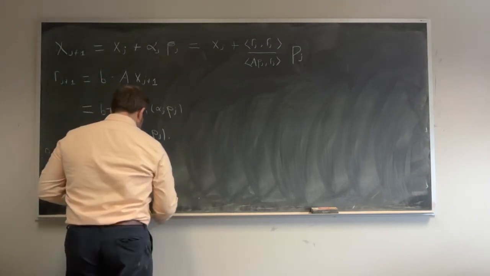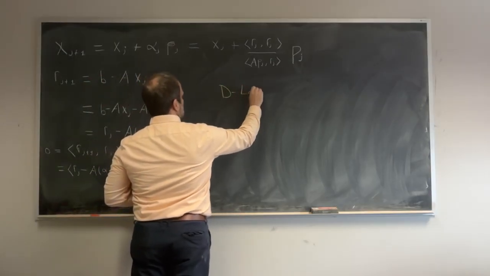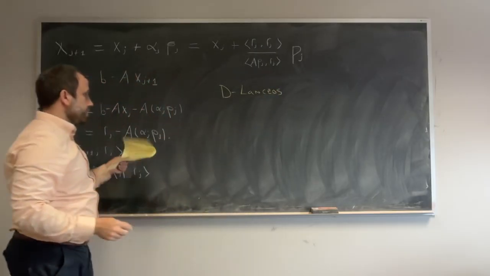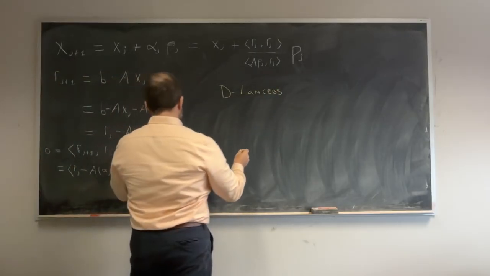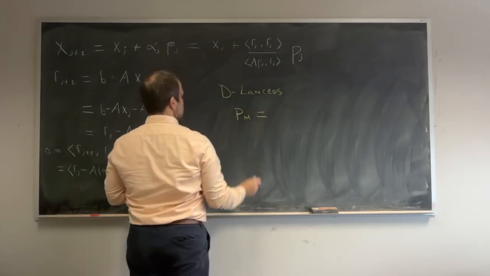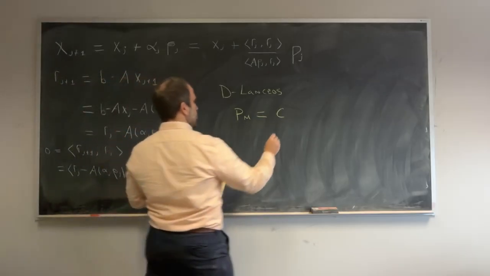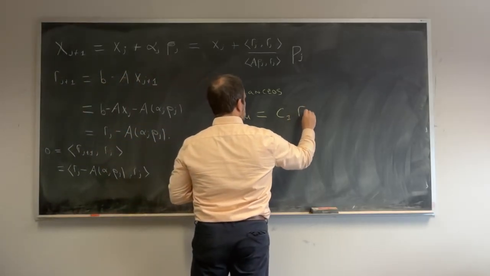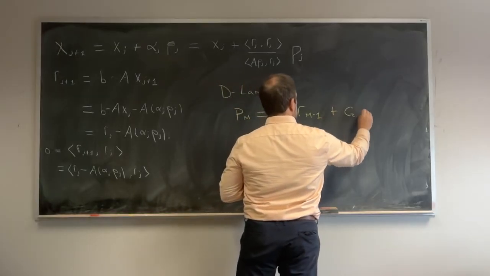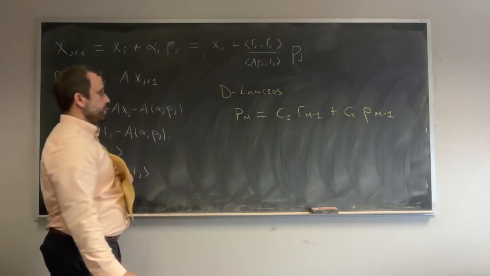In the D-Lanczos version, as I just wrote on the board, we saw that p_m is going to be in the linear combination of v_m, so that's r_{m-1}, and p_{m-1}.